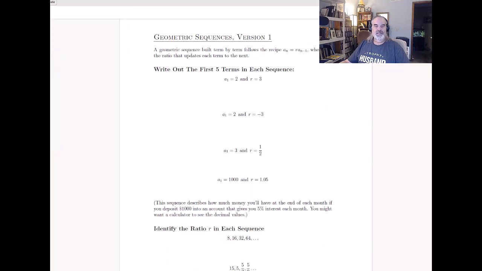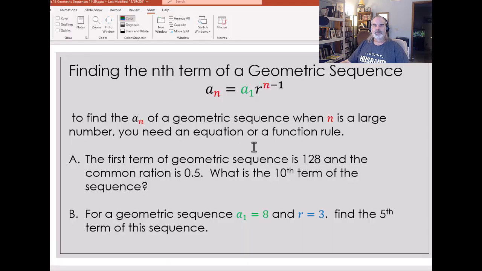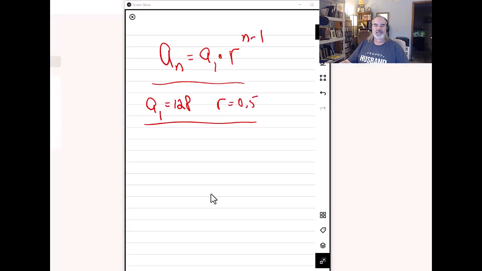And for our example, we have a sequence where A1 is 128 and R is 0.5. And we want to know the 10th term in the sequence. So what is A10?